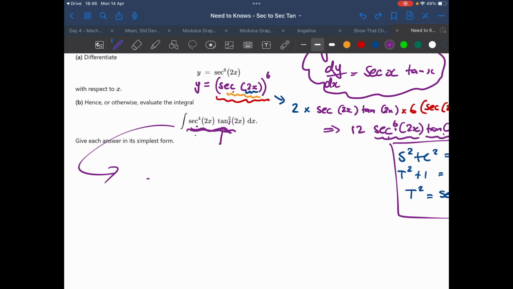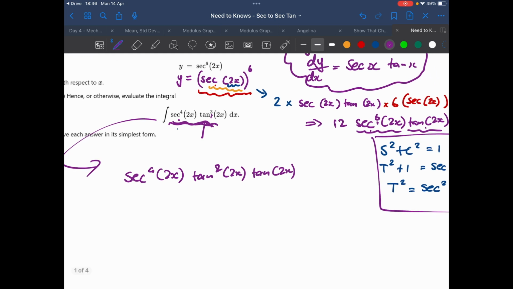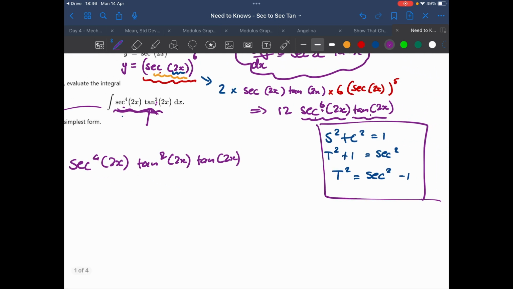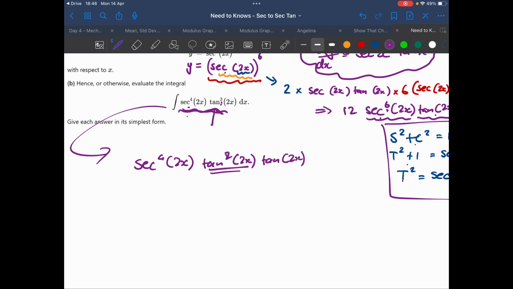So I'm going to write this as sec to the 4 2x times tan squared 2x times tan 2x. I'm going to do a little bit of work with this. Over here, I've used my identities to decide that I want to trade out tan squared.